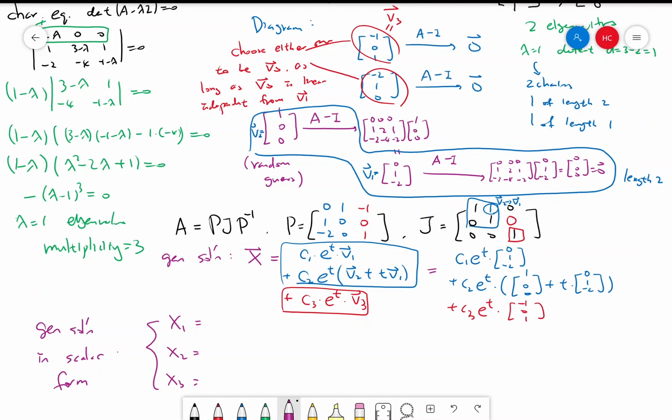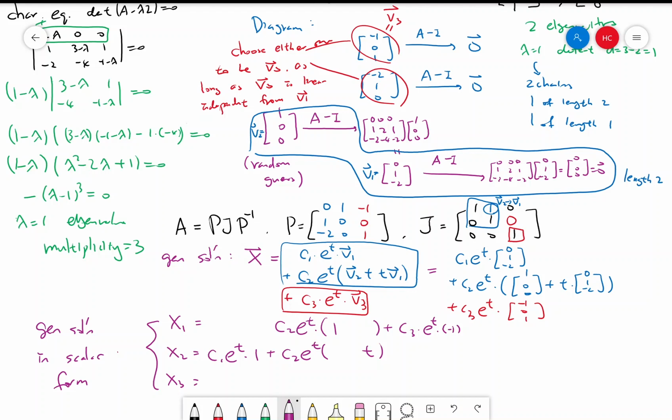So the general solution in scalar form is x1 equals, there's no C1, plus C2 e to the t times 1 plus C3 times e to the t times negative 1. So that's x1. And x2 is the second coordinate, which is C1 e to the t times 1, plus C2 e to the t times (0 plus t), and there's no C3.